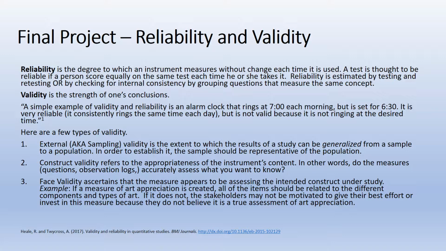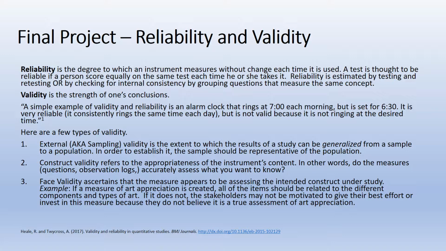Here are a few types of validity. External validity, also known as sampling validity, is the extent to which the results of a study can be generalized from a sample to a population. In order to establish sampling validity, you have to have a sample that represents the population.